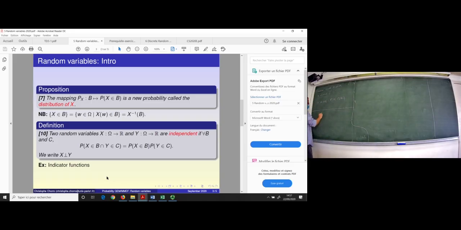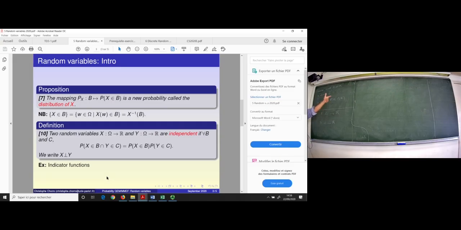So I consider two random variables defined on the same universe, X and Y. And we say that X and Y are independent if and only if for all B and C, the probability that X belongs to B and Y belongs to C is equal to the probability that X belongs to B times the probability that Y belongs to C. So you see that there is a link with this one.